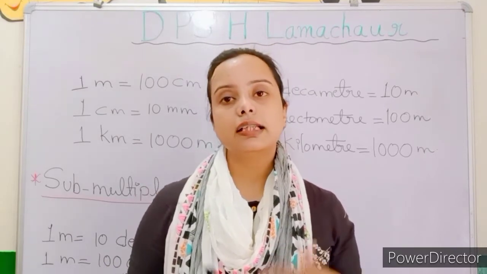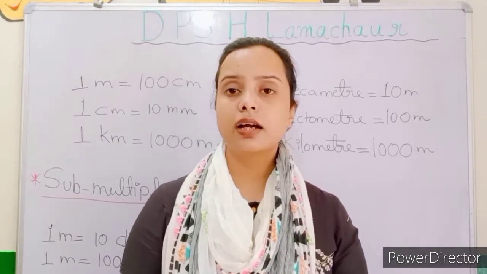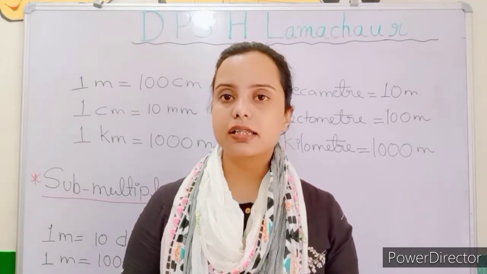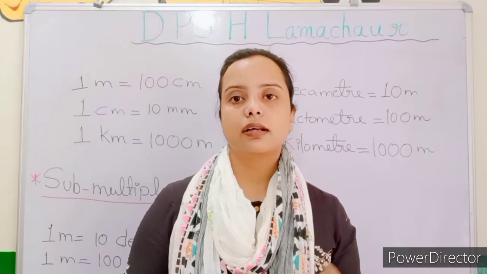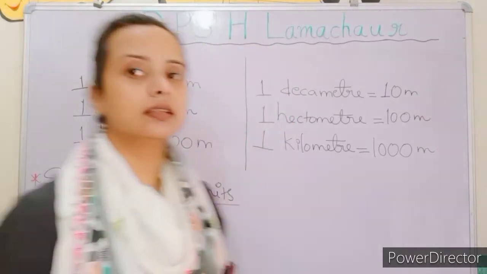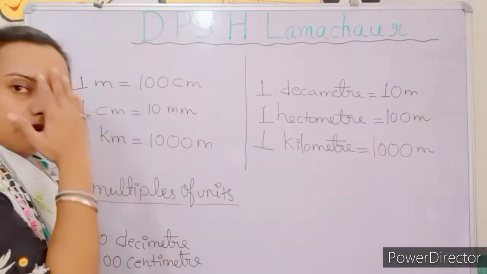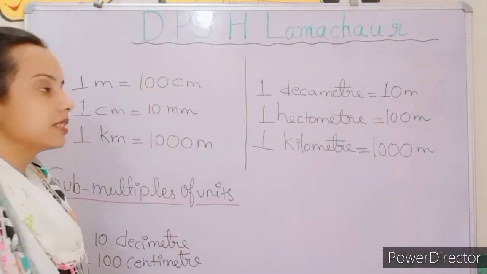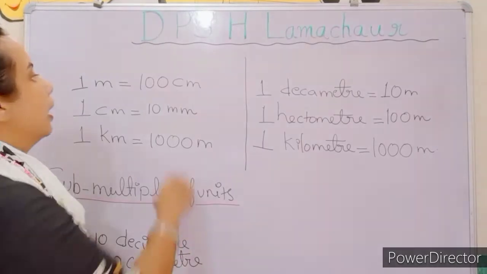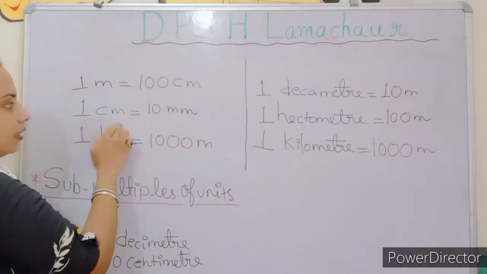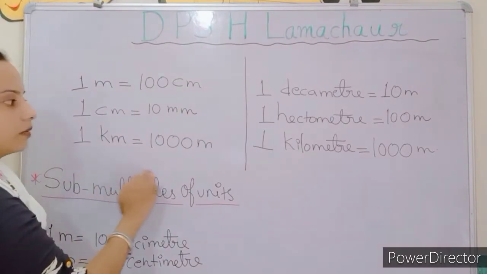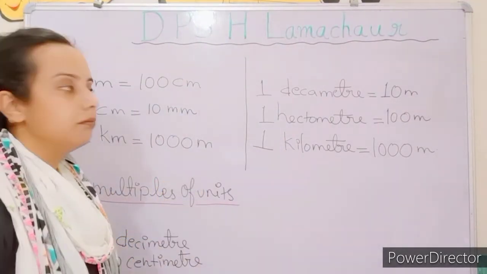I have also explained some measurements, so let's discuss that. In the previous video I explained: 1 meter is equal to how many centimeters? That is 100 centimeters. 1 centimeter equals 10 millimeters. 1 kilometer equals 1000 meters.